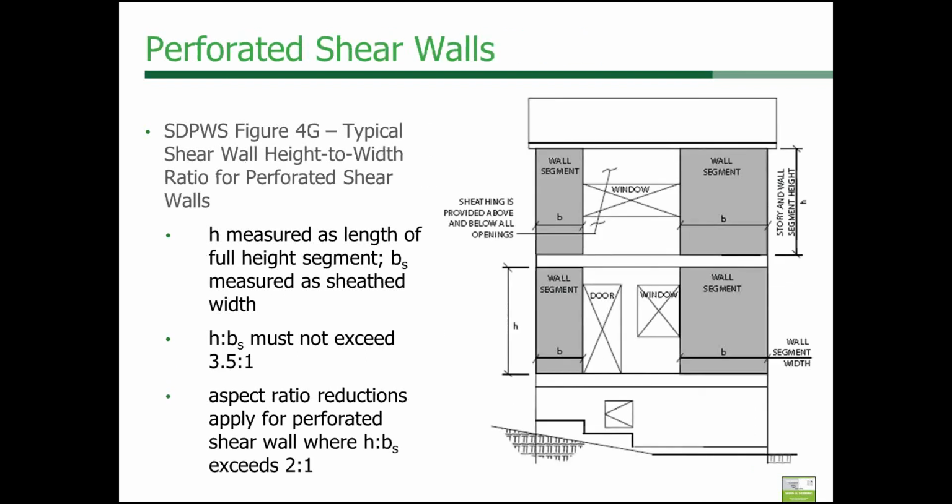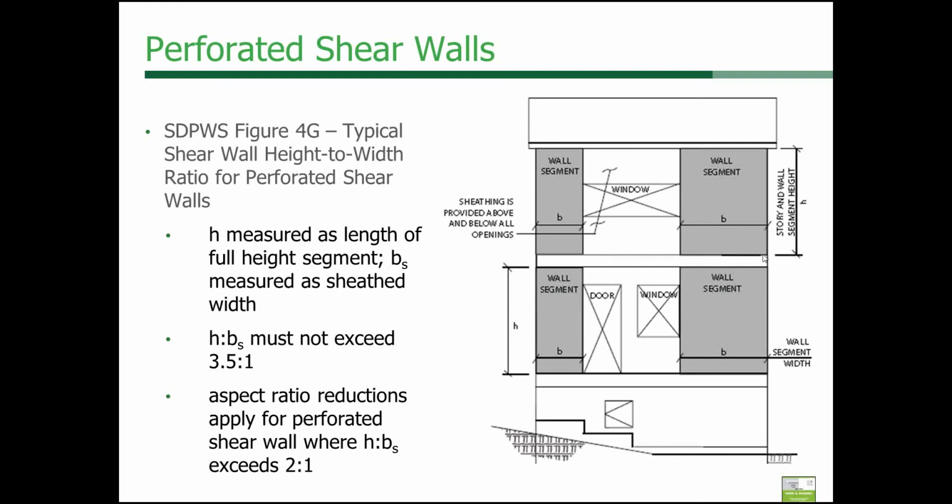Now, under the 2008, however, for the perforated shear wall, it's for the entire perforated shear wall that the reduction needs to take place. So, for example, your width is b here, and your b is here on the right side, and then your height is that total height. If this did not meet the aspect ratio, but this did, it doesn't matter.